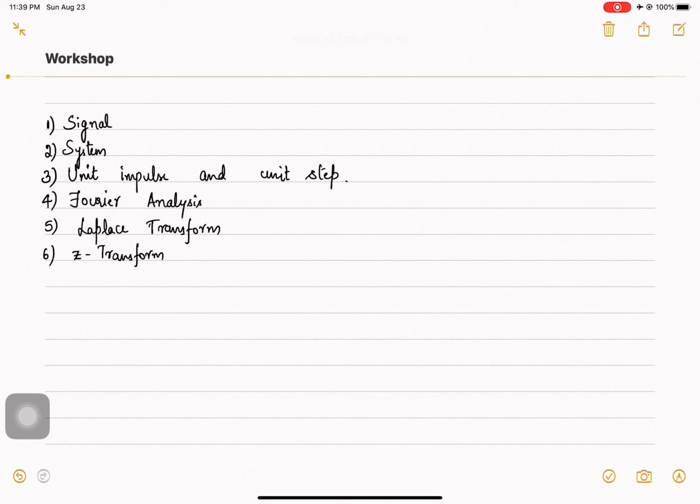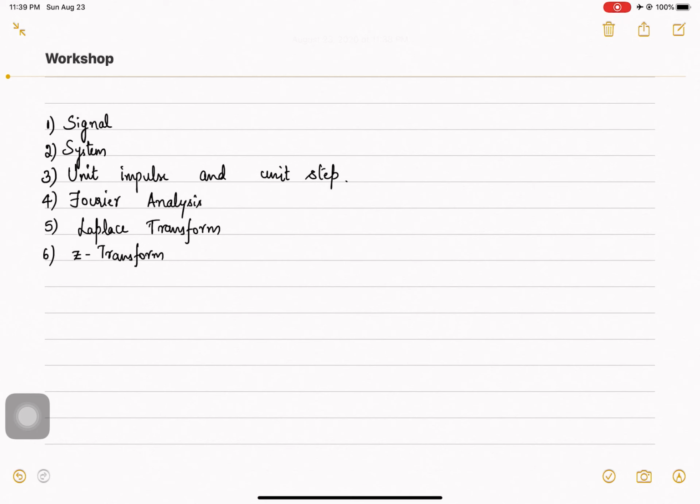Okay, so to start off with, the definition of a signal. What do you mean by the term signal? A signal is nothing but a phenomenon that conveys information. Mathematically we represent a signal as a function of time, right? So in this course we'll be looking at signals as a function of time, and a signal may be of any form.